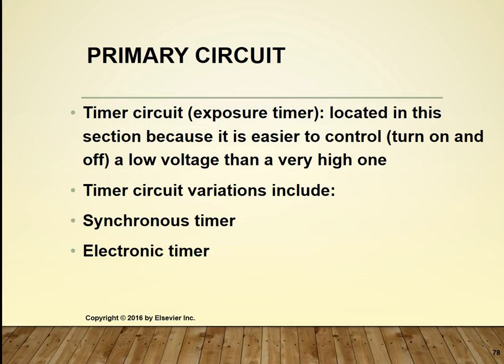It turns a disc connected to the on and off switch, and there are some gears in there, and the exposure time selected determines the reduction gear used. Therefore, it determines the time it takes the disc to move from the on to the off switch. So just know a synchronous timer, and then there are also electronic timers.